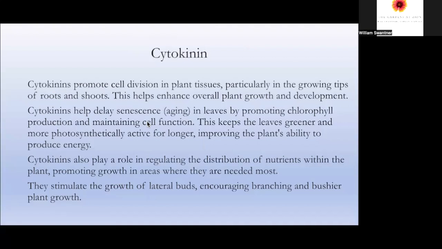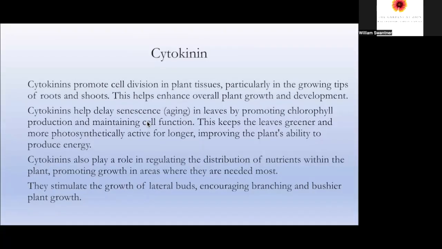This keeps the leaves greener and more photosynthetically active for a longer time, and improves the plant's ability to produce energy. Cytokinins also play a role in regulating and distributing nutrients within the plants, and they stimulate the growth of lateral buds, encouraging branching and bushier plant growth.